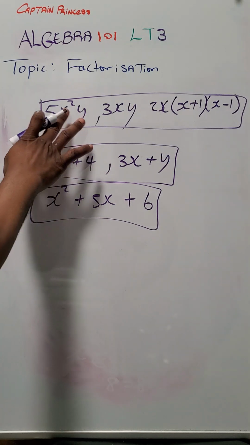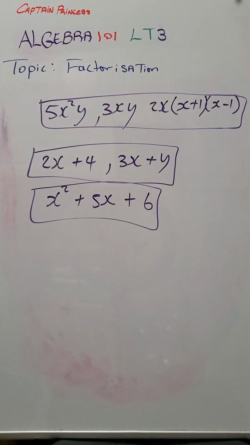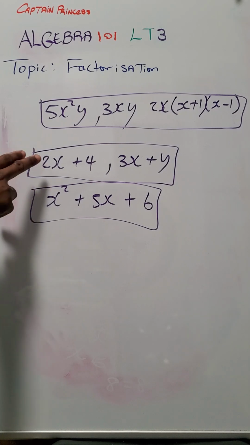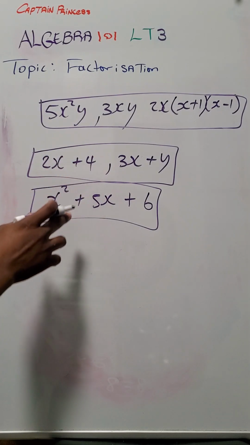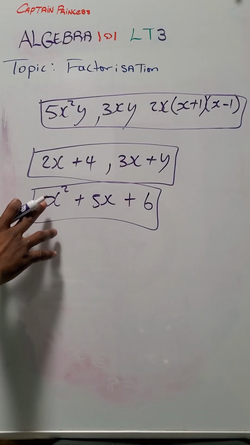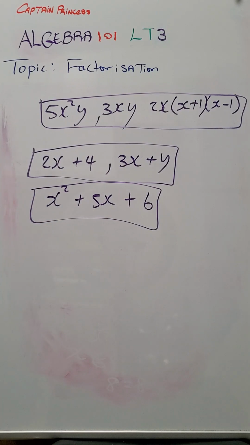Straight off the bat, we can't factorize these because they are not already in factor form. In order to factorize expressions like 2x plus 4, 3x plus y, x squared plus 5x plus 6, you have to use a different mathematical method.